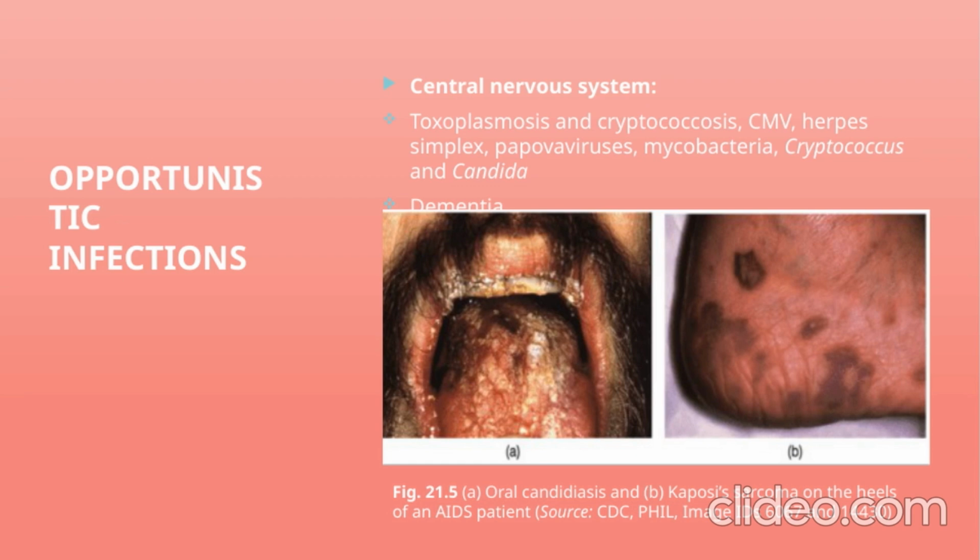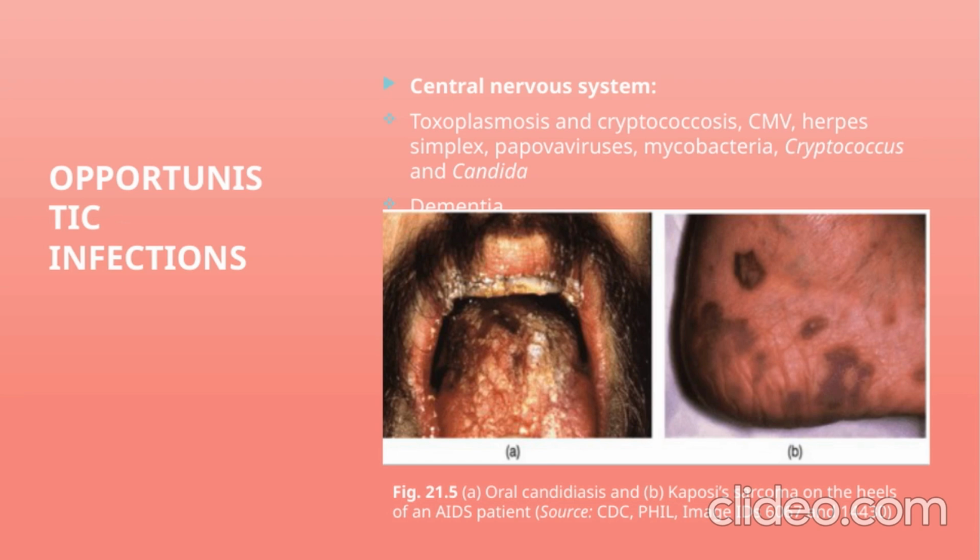In the context of the central nervous system, several pathogens can pose serious threats. These include Toxoplasma gondii, which causes toxoplasmosis, and Cryptococcus neoformans, responsible for cryptococcosis. Other notable agents are cytomegalovirus, or CMV, herpes simplex virus, and papovaviruses.